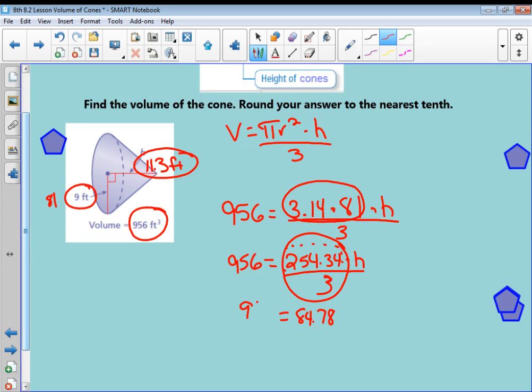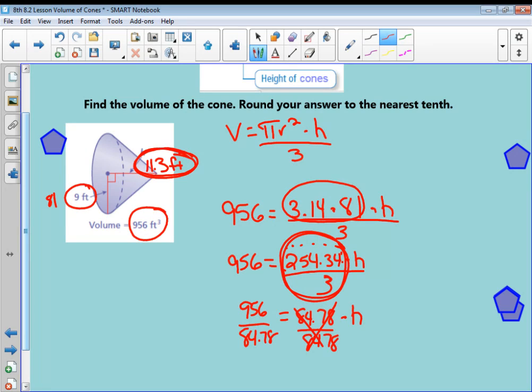And then I have 956 equals 84.78 times the height. Then I would divide by 84.78. It should give me the same answer, because I just tested it in the previous one when I was second guessing myself. So 956 divided by 84.78 gives me 11.27, which was the same as the previous one, which is 11.3 feet.